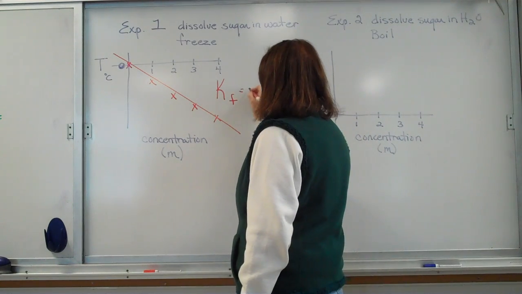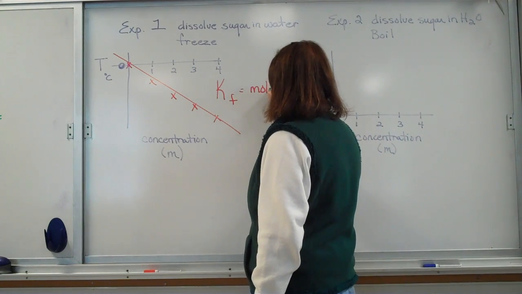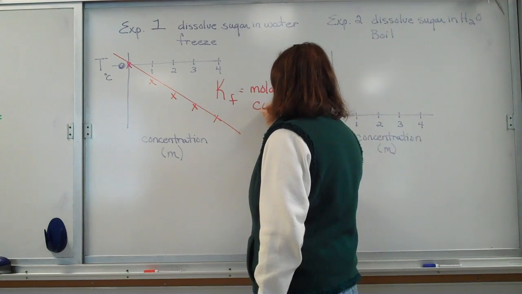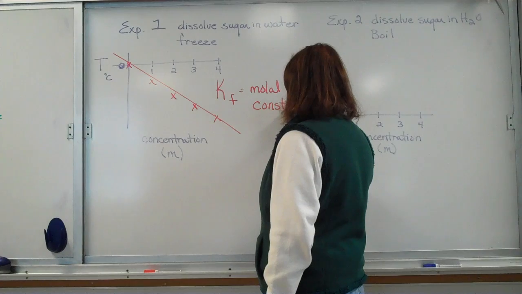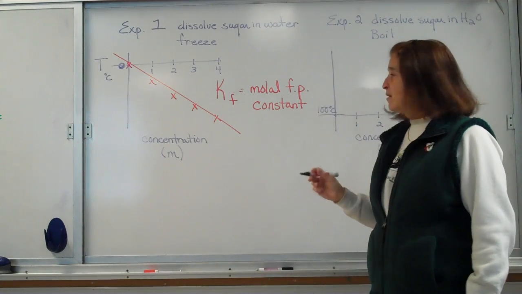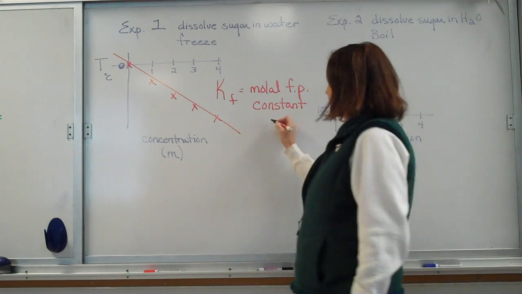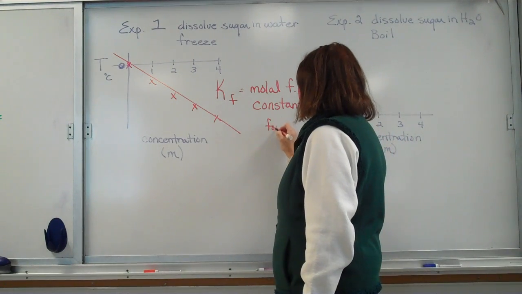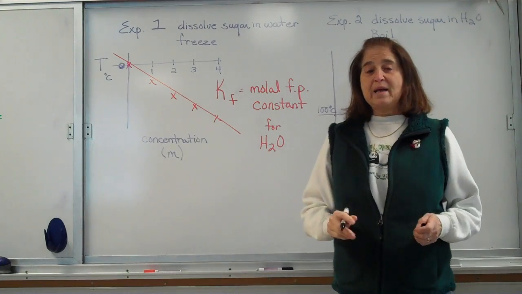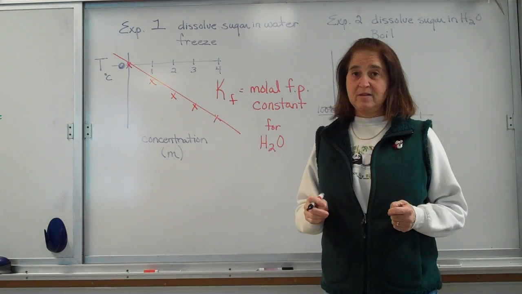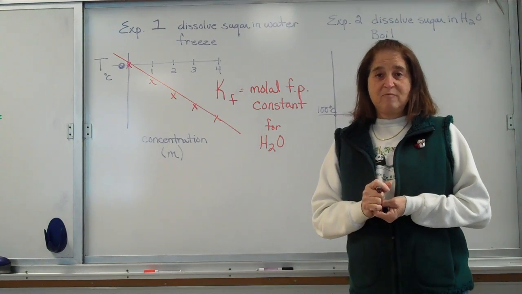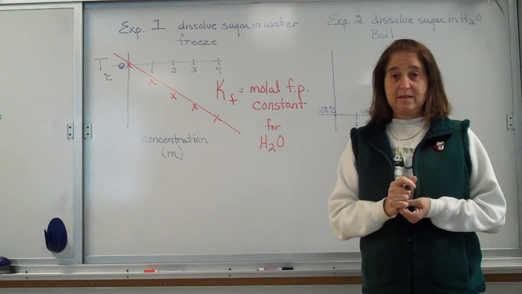Kf is equal to the molal freezing point constant. Now, this is going to be a constant value, in this case, for water. But every solvent will have its own particular Kf, molal freezing point constant.